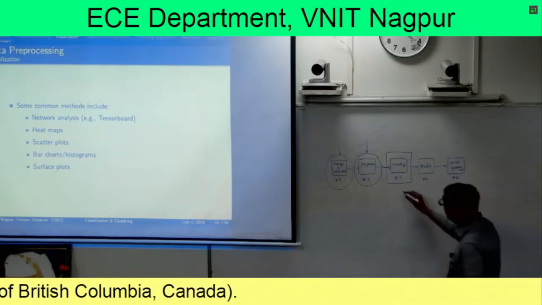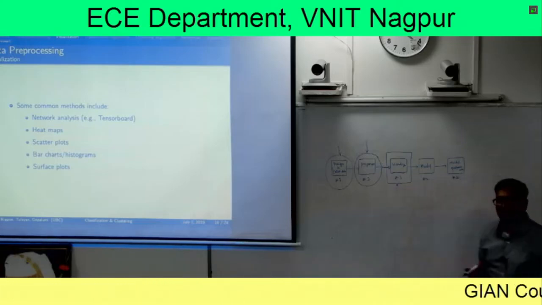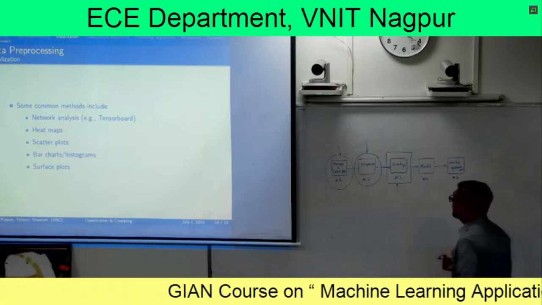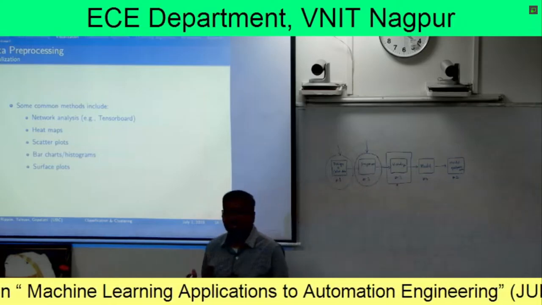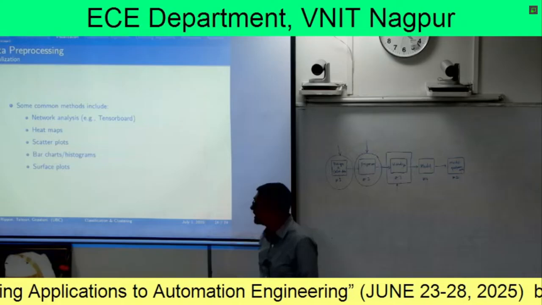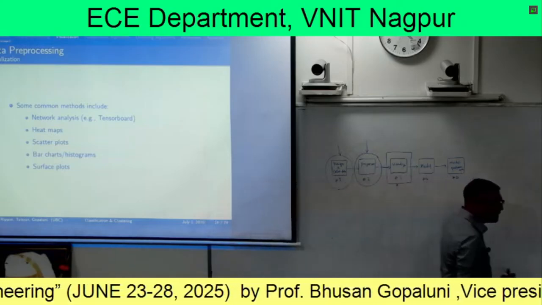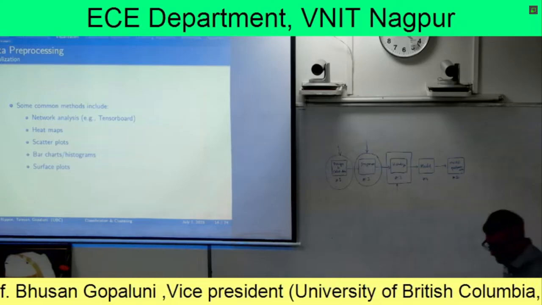In addition to that, I'm also a firm believer in maximizing the value of these visuals before you use machine learning tools. Okay? So you want to get the maximum out of your data by simply visualizing it, even before you use any machine learning tools. Right? So this is a very important step. There are many different ways in which you can visualize data, and I'm going to show you some examples this morning.